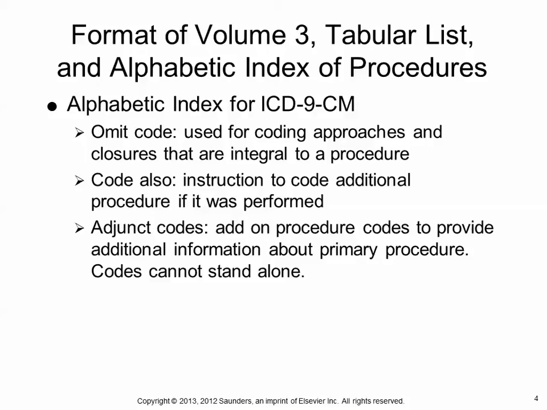Now, all of those little codes that you see, 00.66, 36.07, 00.45, 00.40, those are adjunct codes. They give more information about what did we do once we got in there with the PTCA. All right? Again, remember, they cannot be standalone codes. You must have a primary procedure to code along with them.